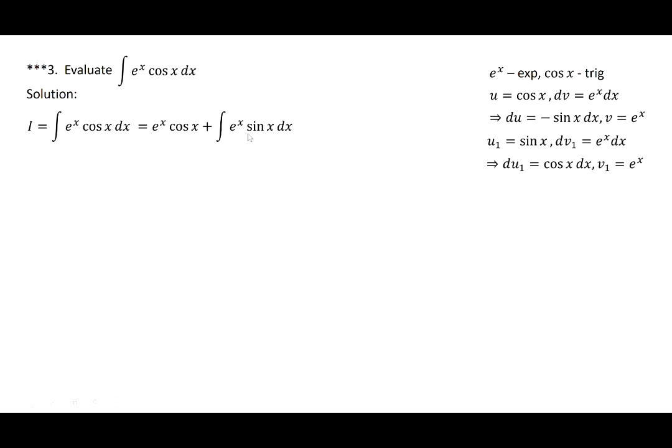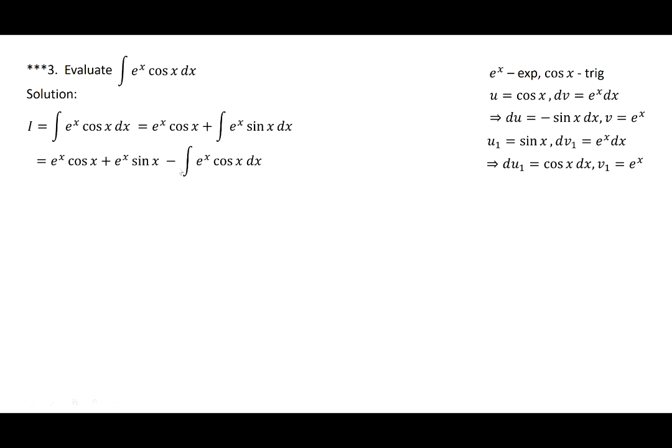So just for that integral, we'll say e to the x cosine x plus this for the second integral, e to the x sine x: uv minus integral v du, or rather u1 v1 minus integral v1 du1. u1 v1 is e to the x times sine x, so that's what we see here.